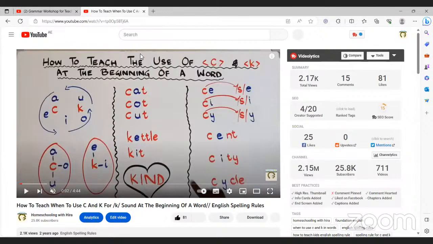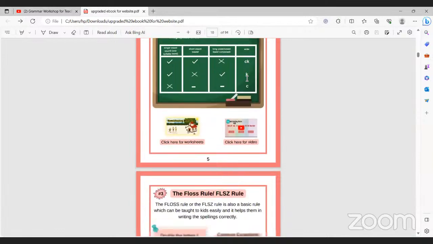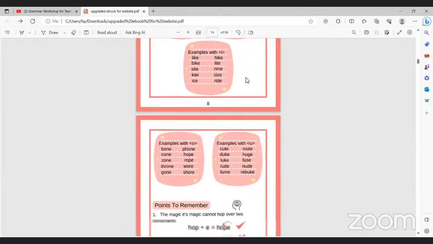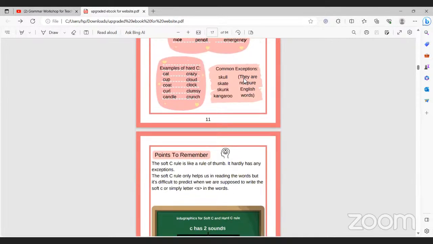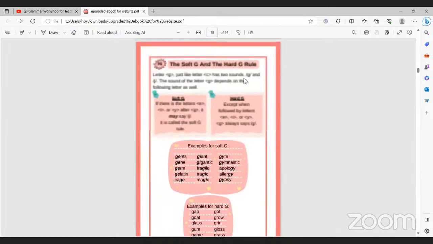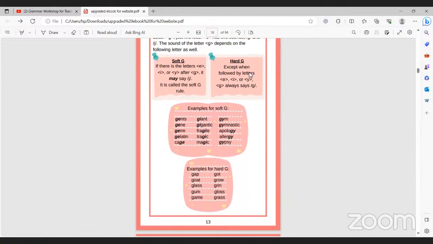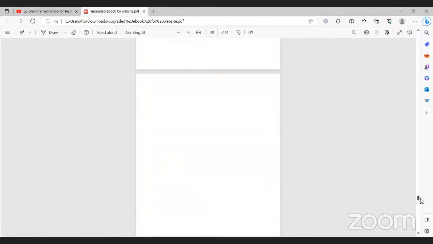With every rule, you have the worksheet part and the clickable link. If you buy the paperback version from Amazon, that is not available, unfortunately, in India and Pakistan, but is available all over the world, you will not get these clickable links in the paperback version. You will have QR codes. I have given the QR codes at the very end of the book.